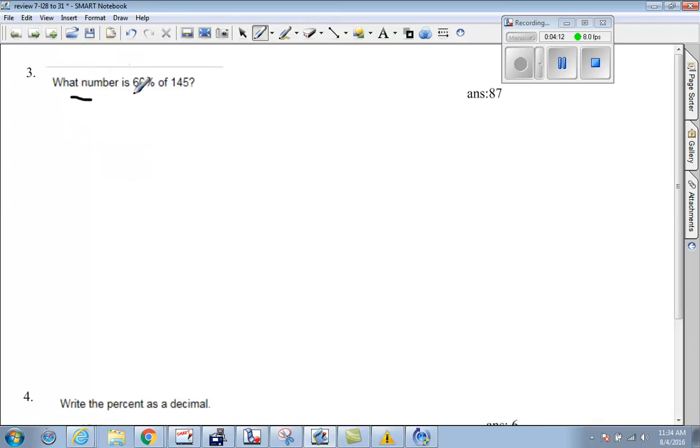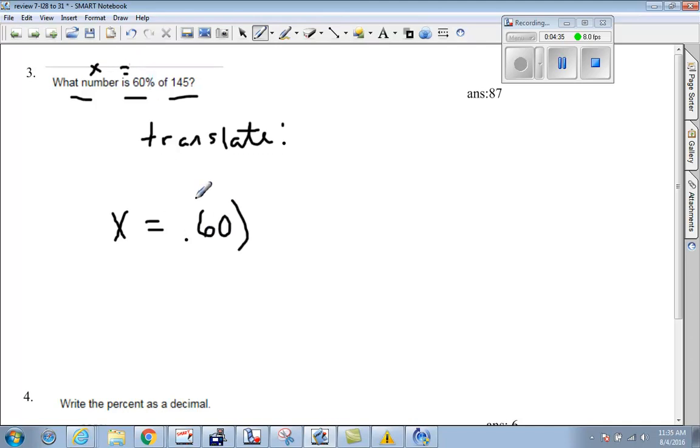What number is 60% of 145? Well, this one, just to spice it up, I'm going to try the translation method, just translating left to right. What number, that means x; is means equals. What number is x? 60%, written as a decimal, is 0.60. Of means multiply, 145.